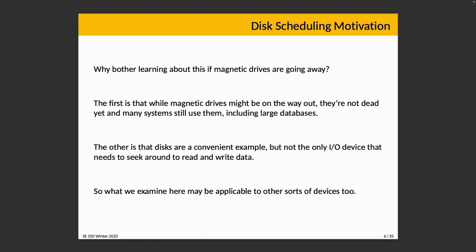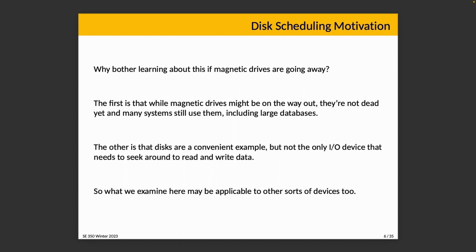If this is just an archive and the data on it is not accessed that frequently, or it's not performance critical to retrieve data from it, then what difference does it make if it's a little bit slower to get data from it when it's a lot cheaper to actually have that data? Right, so it makes sense under those circumstances that you would choose to save money and invest your money somewhere else where it would make a bigger difference. So they're not dead yet.